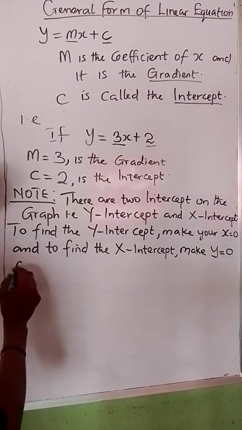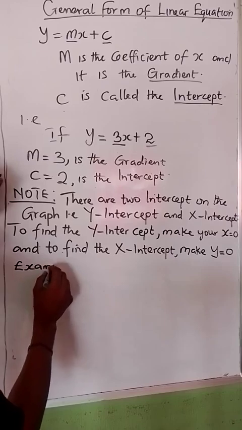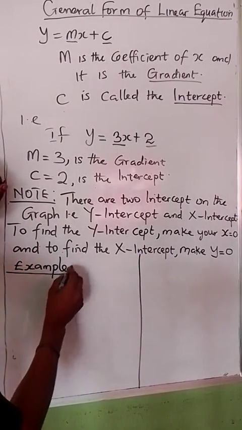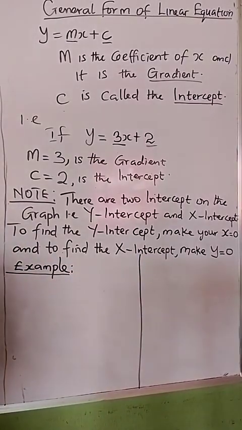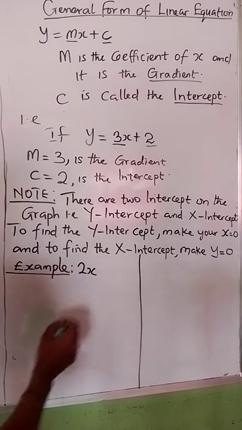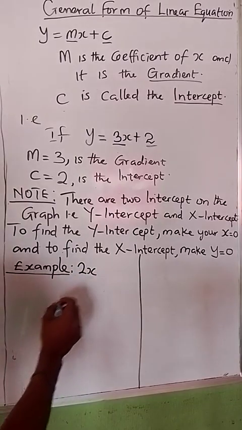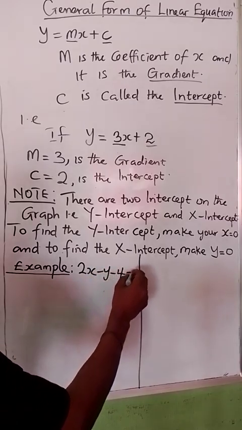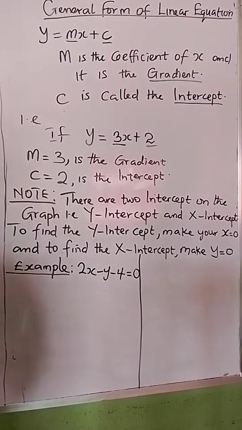So, example. This is our equation: 2x minus y minus 4 equals 0.